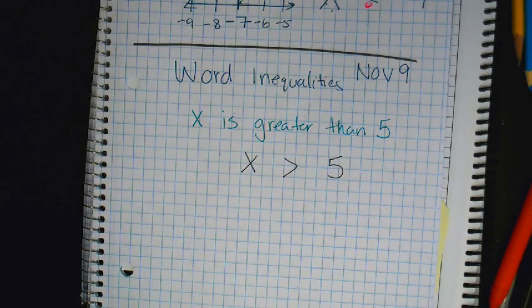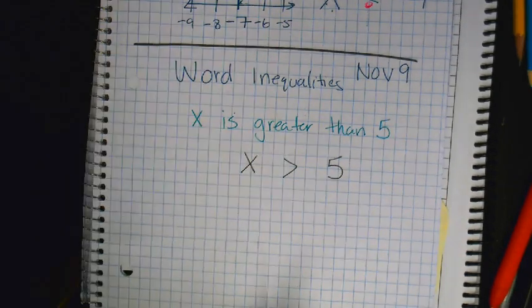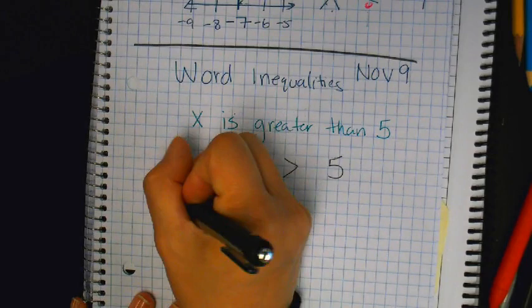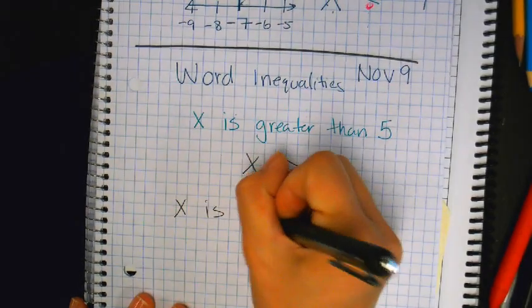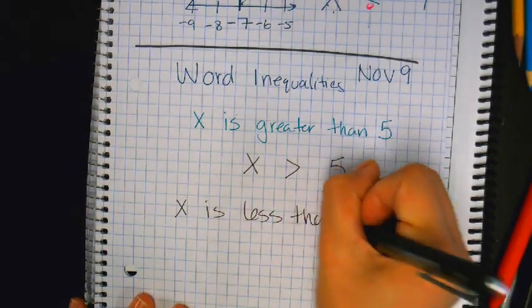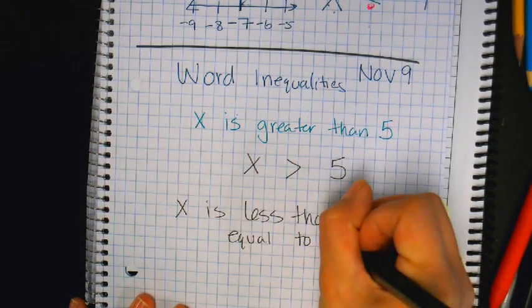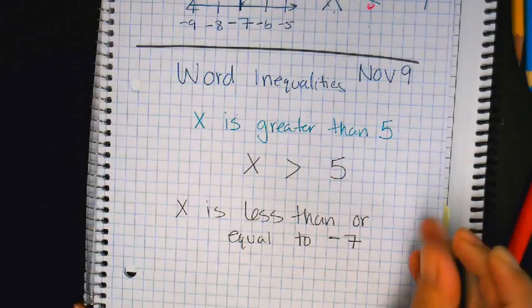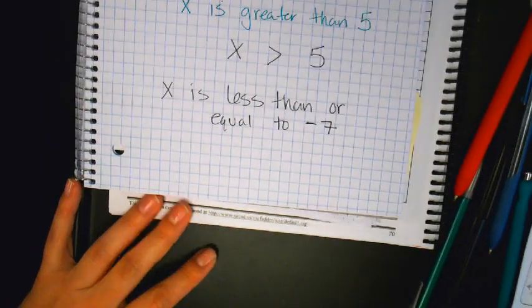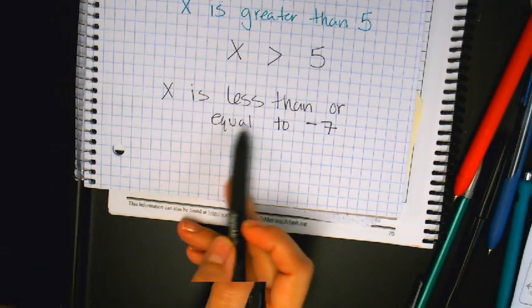Here. Pass this back. Okay. What if I say X is less than or equal to -7? X is less than or equal to -7.